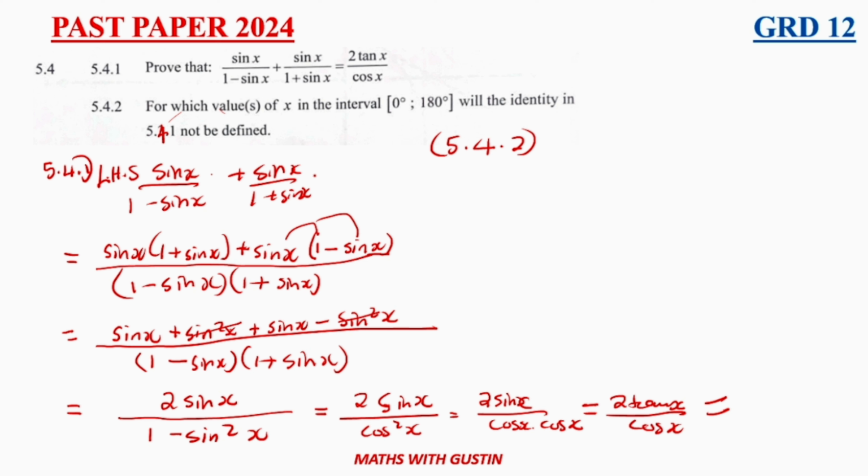All right, so this is the situation where this will be undefined. This is a situation where you would know, guys, when it comes to tan x, it's undefined when x is equal to 90, you'll get an error, and also when x is equal to 270. As simple as that, guys.